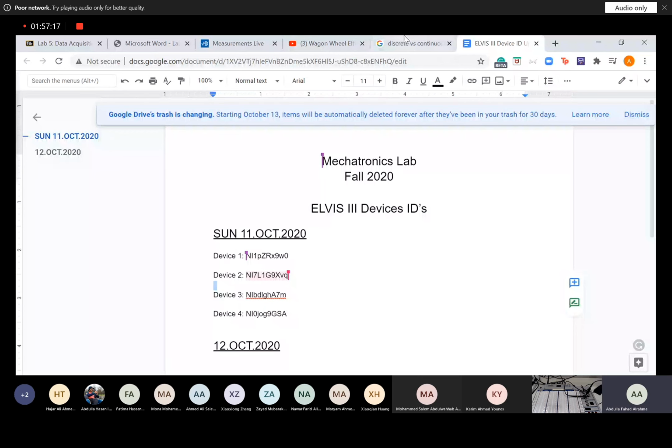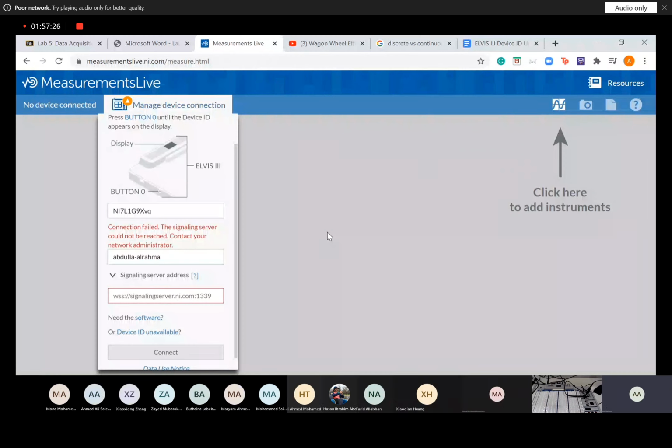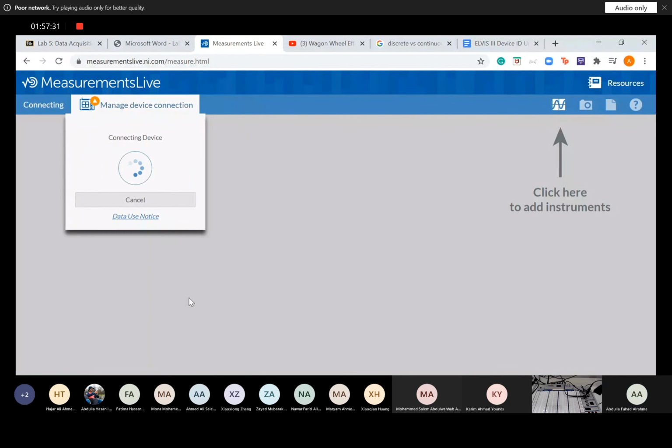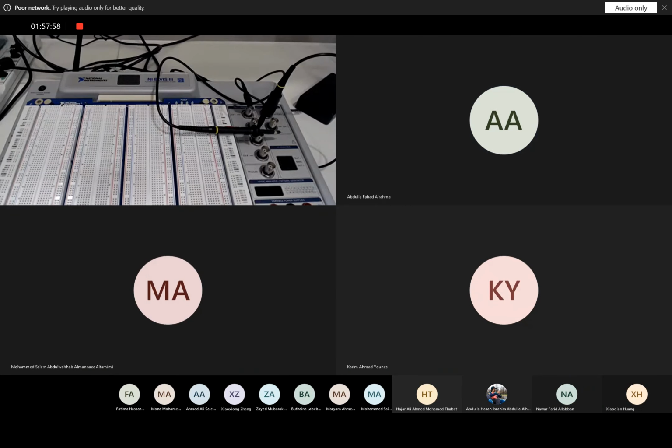Oh, you can't? Okay, connecting to device. Let me try from my side, I used the second one using Chrome. Okay, I will go back.